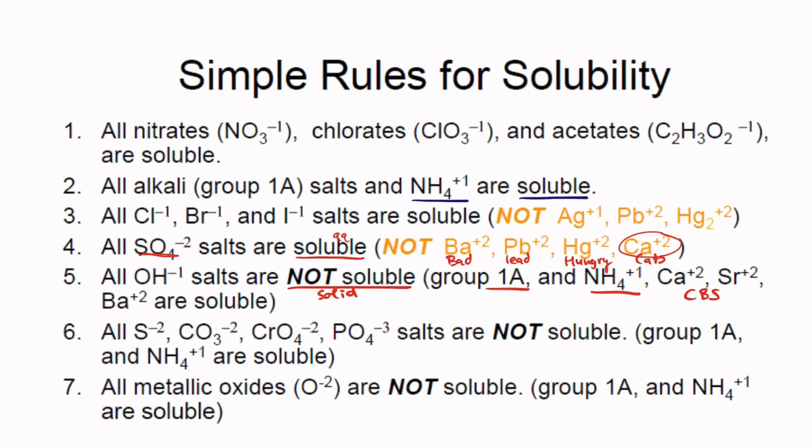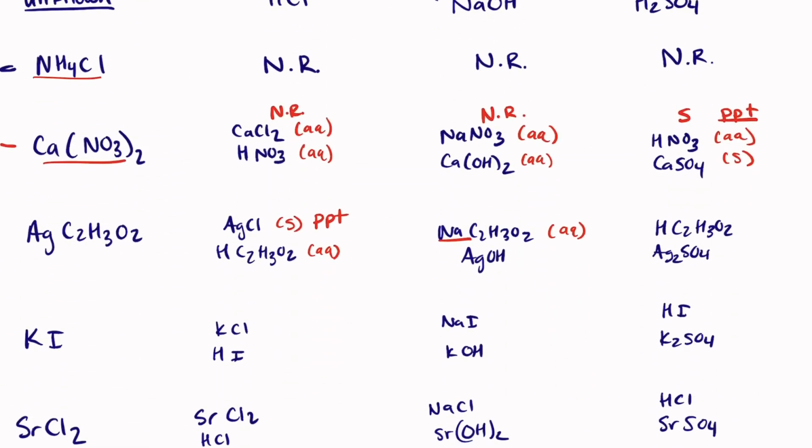Hydroxides are always solid. Silver is not one of the exceptions, so we are going to get a precipitate. And maybe I'll box these so I can know where they are. And then we're going to get aqueous and then solid. This is going to be PPT.